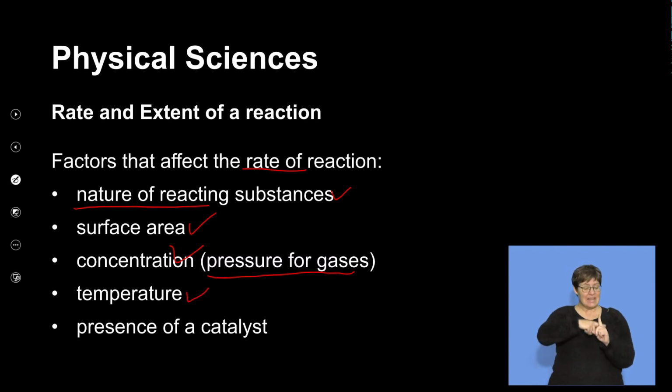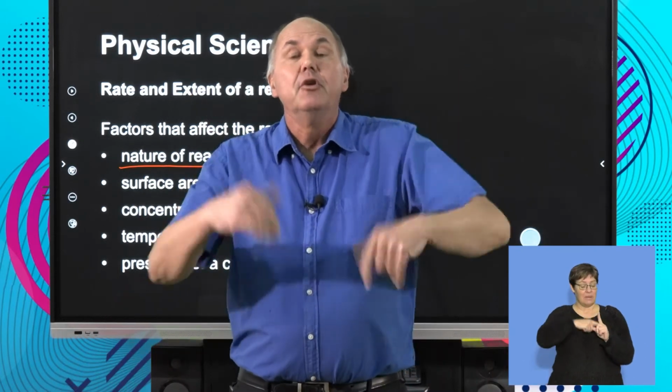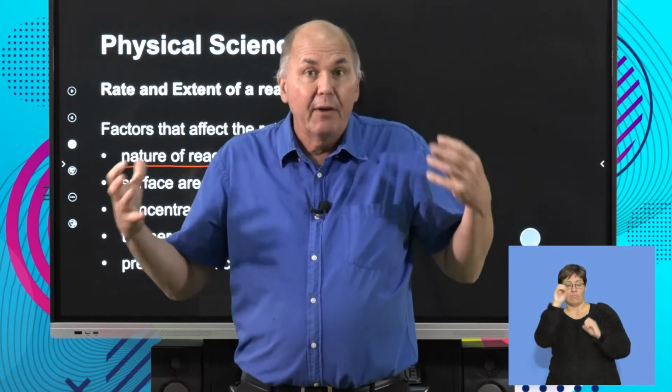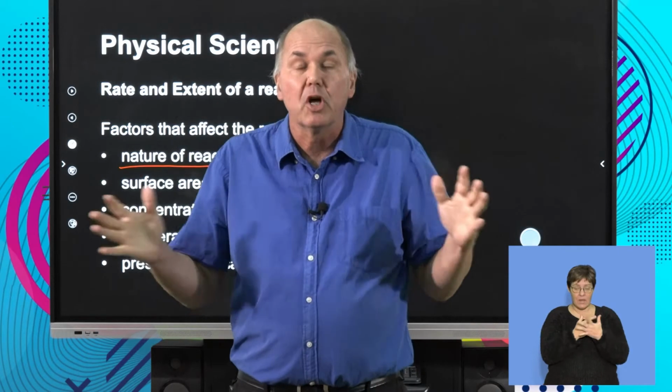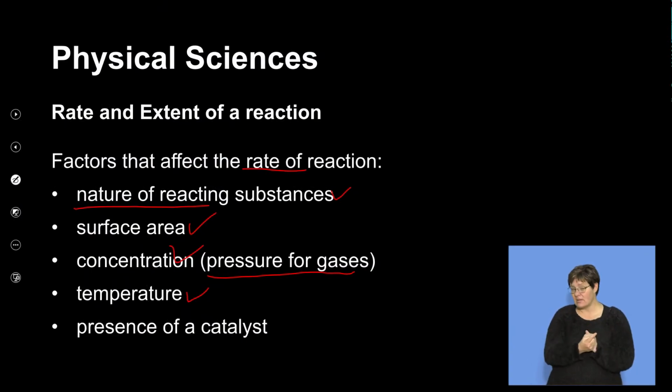Temperature is also going to affect the rate of reaction because temperature is related to the average kinetic energy of all the molecules together. So if you increase the temperature, you're increasing the average kinetic energy of the molecules. And we've already said, if those molecules are moving faster, they've got more chance to collide. And if that's the case, we're going to see an outcome of that. The presence of a catalyst.